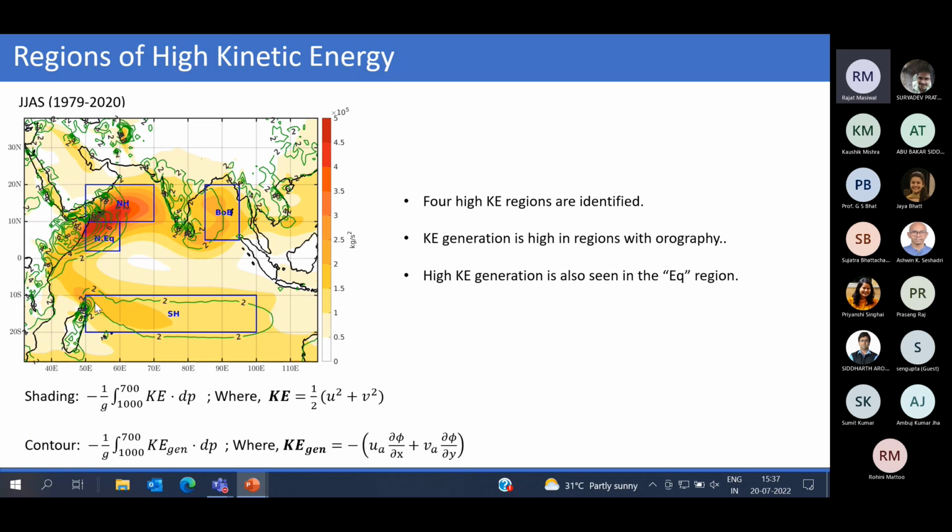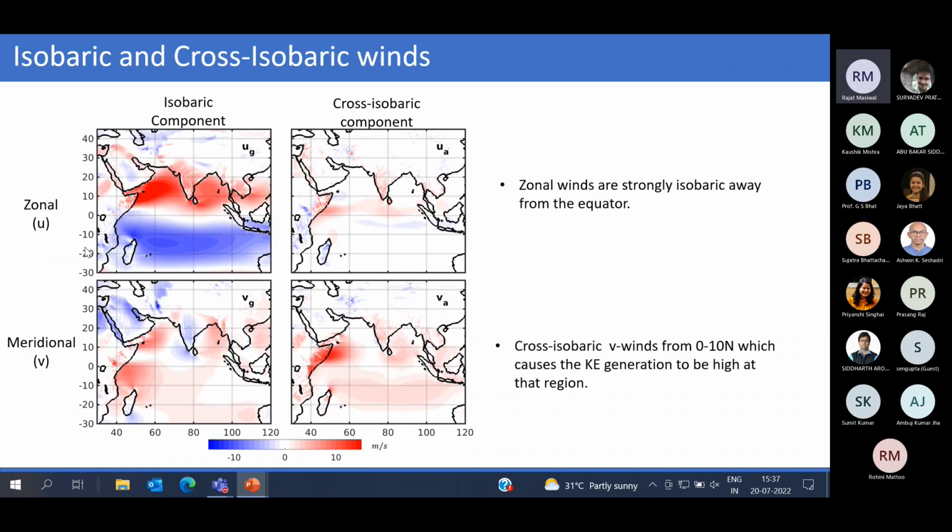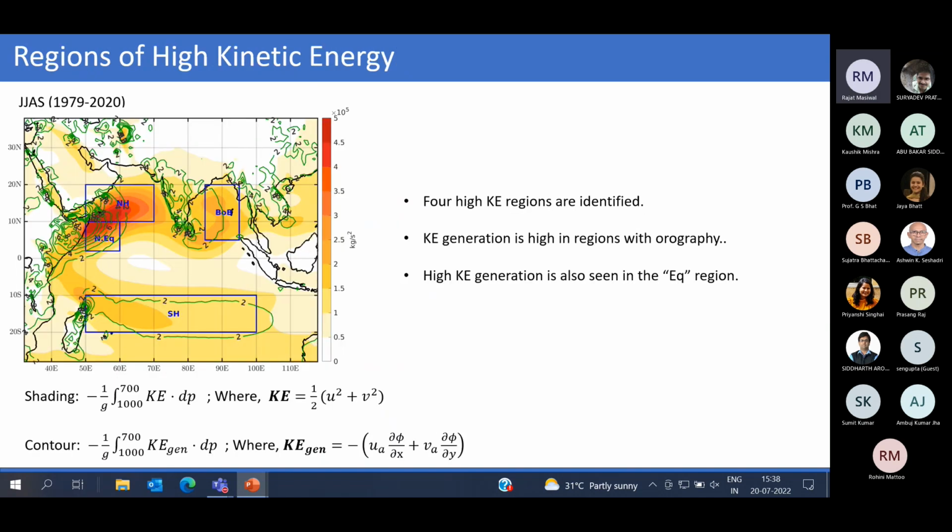We can see that there are these four dominant regions marked by blue boxes, which have high kinetic energy, namely the southern hemispheric region, the region just north of the equator, the northern hemisphere region, and the Bay of Bengal region. We also see that there is high kinetic energy generation, especially just off the coast of East Africa, which is the same location where we had high cross-isobaric meridional winds.